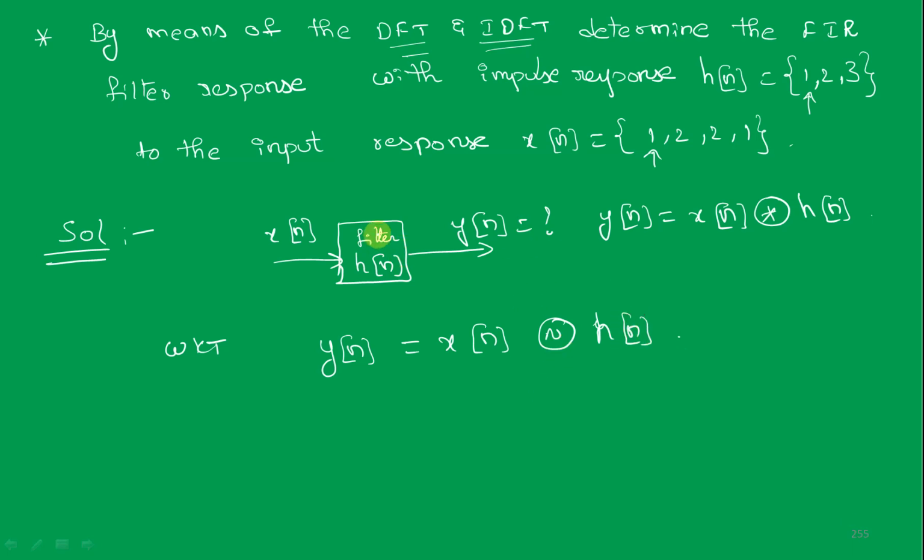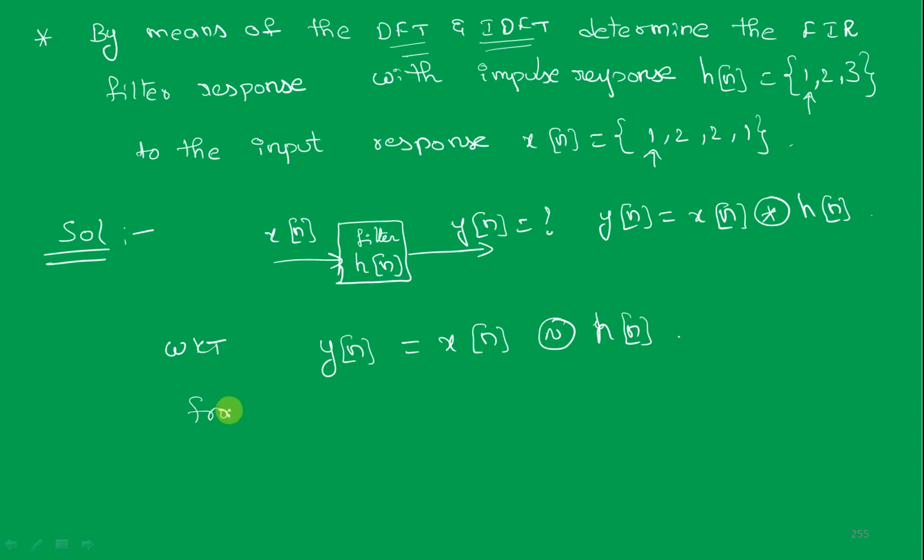But to find out the filter output, use only the linear convolution. That means in DFT and IDFT you have one method: circular convolution between these two, you can get the y of n. And then in DFT we have one property, the circular convolution property.